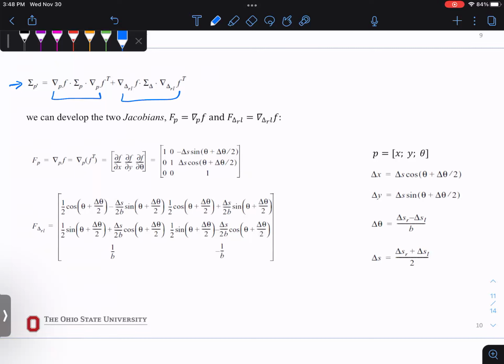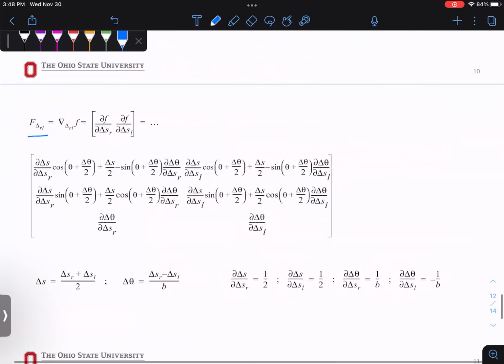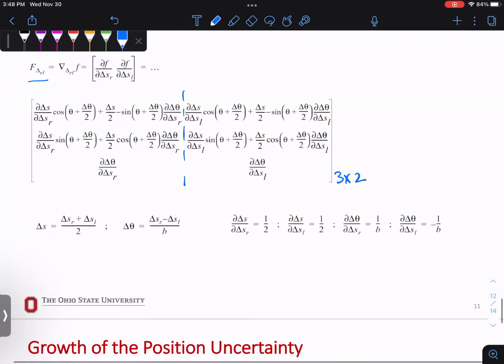If you follow this, you'll see that we have this FP. This is giving us a 3 by 3 matrix. So that's for the first portion, position. Then we will define a similar thing for the slippage. This is going to be a 3 by 2 matrix.